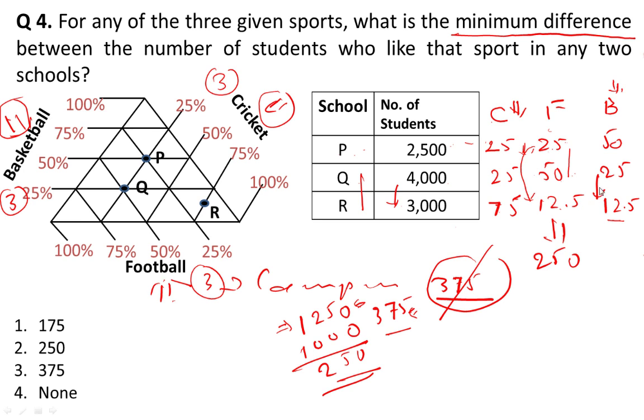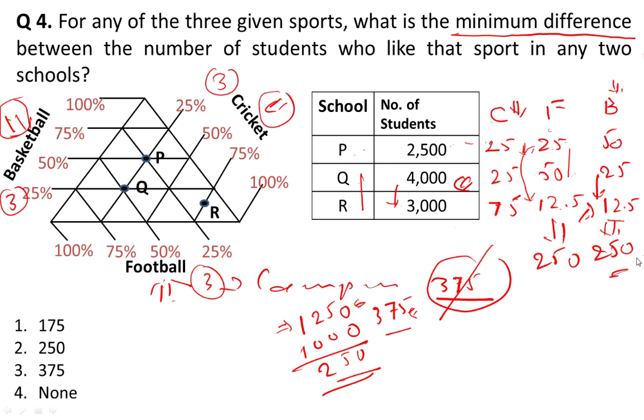The base is less, the breakup is less. So on both sides the value is decreasing. In terms of base the value is decreasing, in terms of percentage the value is decreasing. As a result, the gap may be more than what we got in the other case. Therefore, here also 250 is the least.